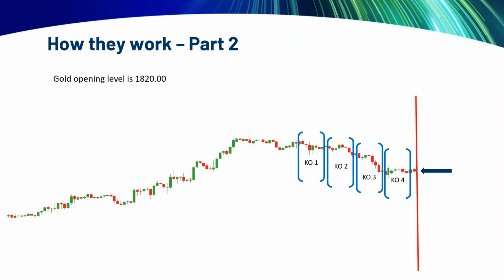If you had traded any one of those knockouts, because they all still exist, it never touched the ceiling or floor of any of those. At least the way I drew it, that's what I was trying to accomplish. It traded between them, and at the end of the week, it settles at a price, and your profit or loss would simply be the difference between where you bought or sold it and the settlement price.